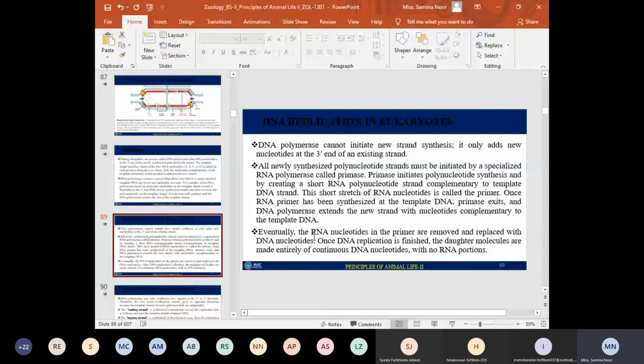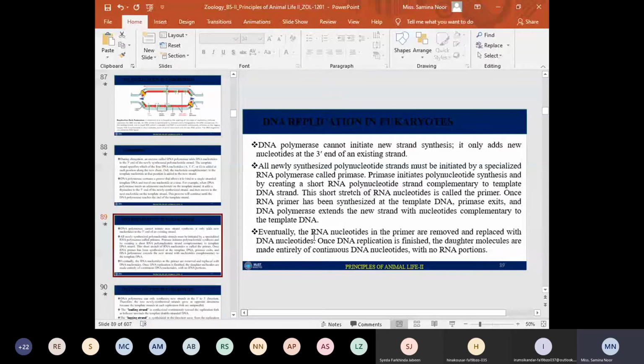All newly synthesized polynucleotide strands must be initiated by a specialized RNA polymerase called primase. During DNA replication, the enzyme primase is responsible for the synthesis of a short polynucleotide structure known as a primer.